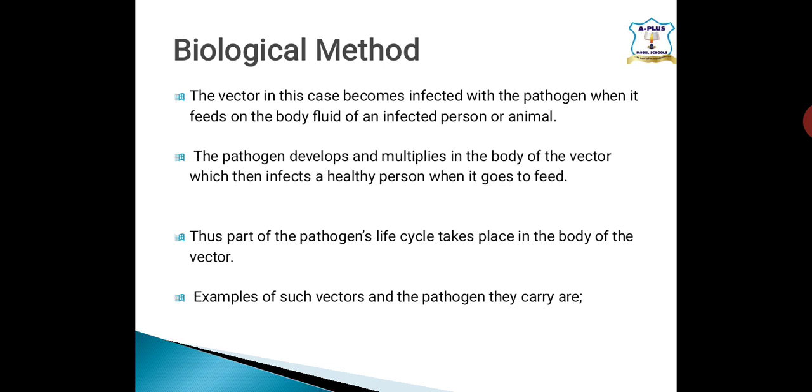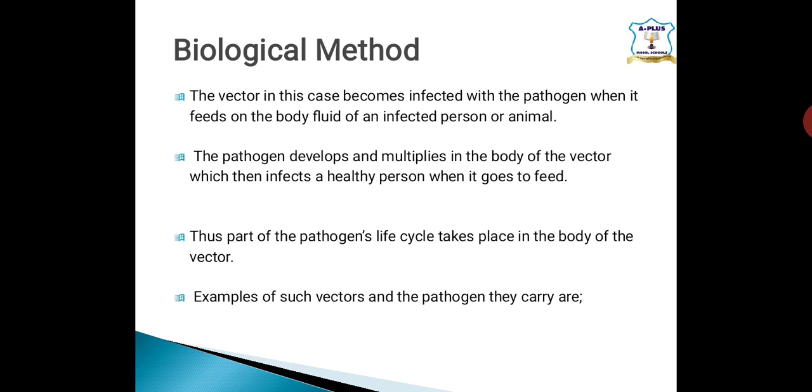That means that person will become what? Infected too with malaria. And that's why when someone is having malaria in a family, it is better to treat every member of that family, because there is a probability that most of them are infected with malaria.